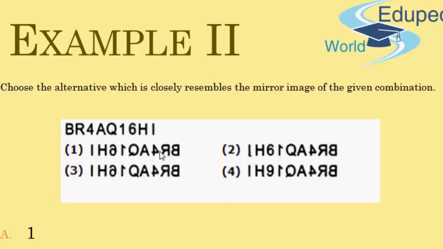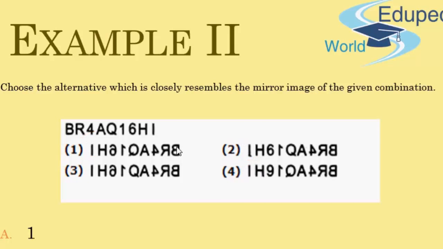So the first one, have they been written in the opposite direction, from right to left? I see that in all the 4 options, I is the first letter and B is the last letter, exactly opposite to the set of letters and numbers given to me. So all the 4 options satisfy this criteria.